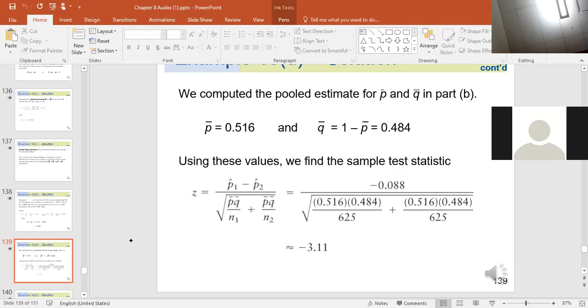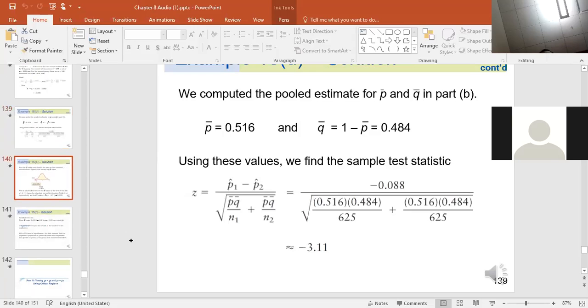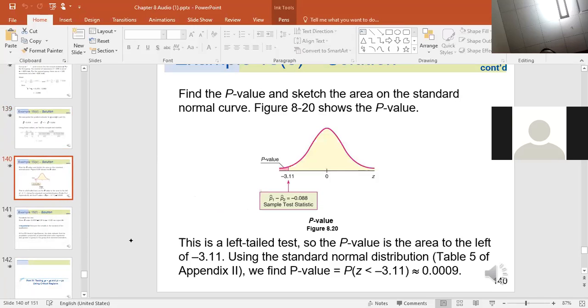Times 10 raised to the power minus 4. So this will be 0.000926. Alpha equals 0.05. P is less than alpha, so reject. So at alpha equals 0.05, there is enough evidence to support the claim that sending a reminder to voters will improve registration.